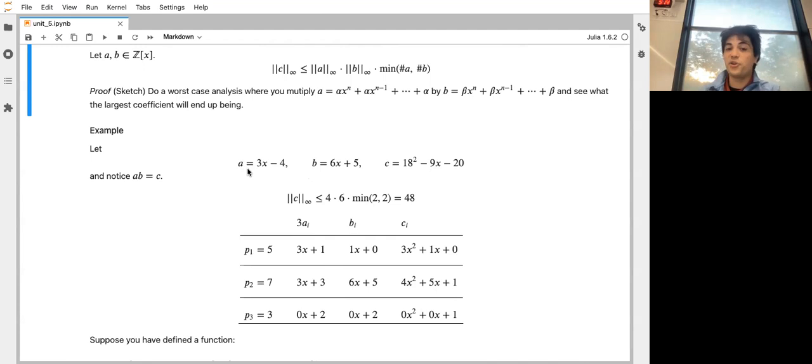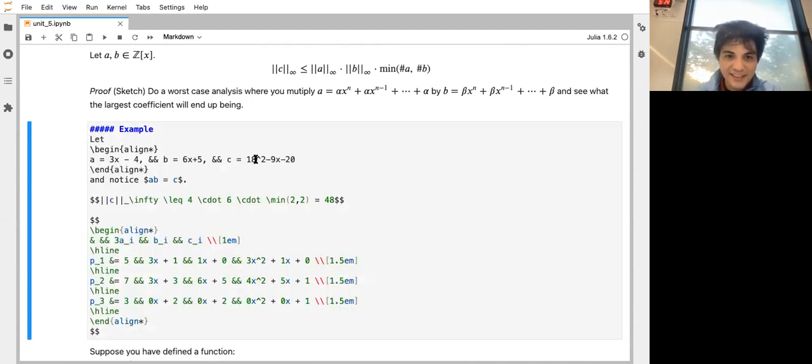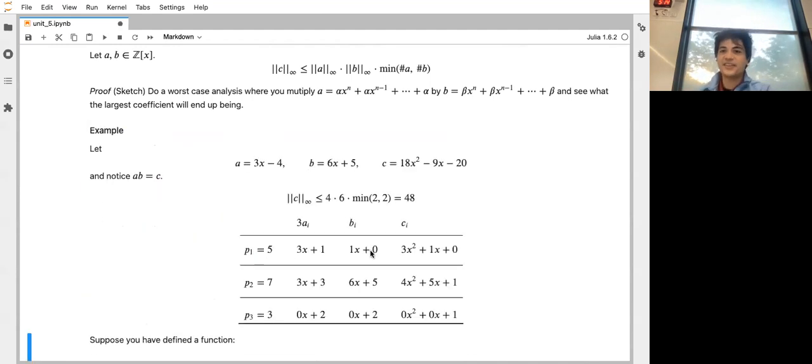I have this polynomial, 3x minus 4, this polynomial, 6x plus 5, and 18x squared minus 9x minus 20 is the product of A and B. So this is how the Chinese remainder theorem is going to work. Let's suppose that you've implemented multiplication mod p. So what is A times B if I'm reducing the coefficients mod 5, right?